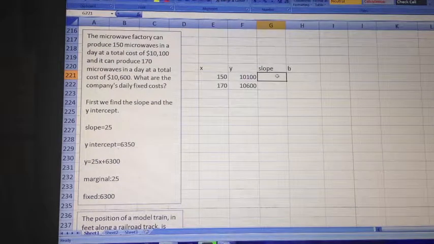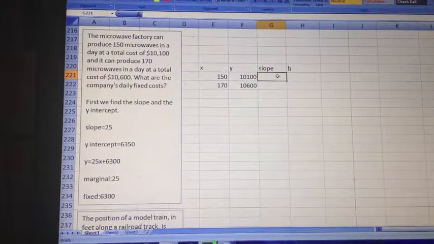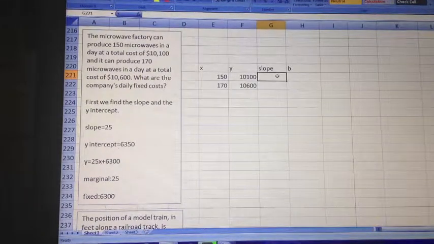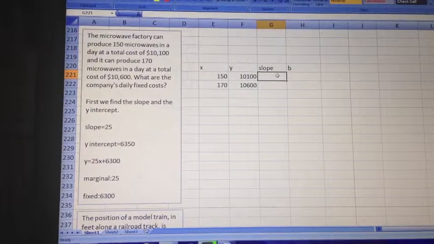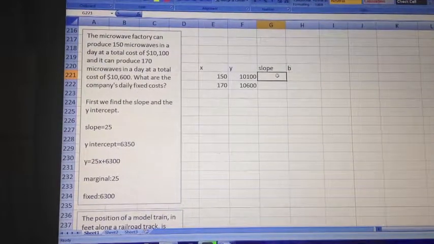What are the company's daily fixed costs? So there are some steps to this problem. First, we have to realize that the numbers within this problem are points on a graph. So we have an x value, a y value, and then we have another x value and another y value.